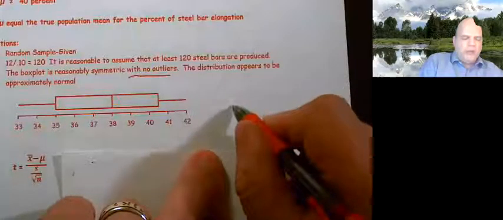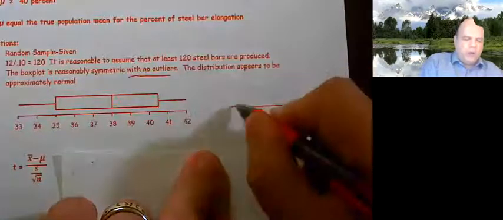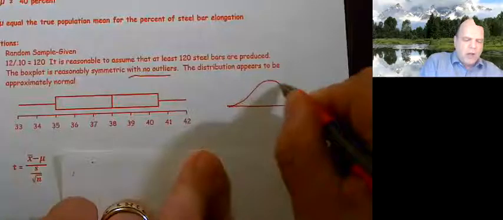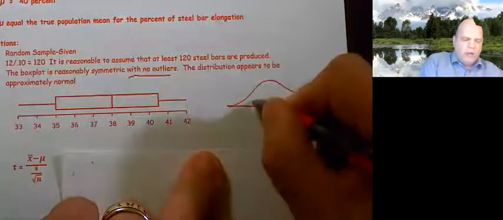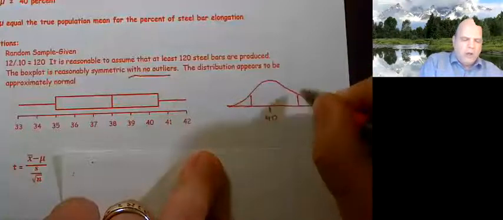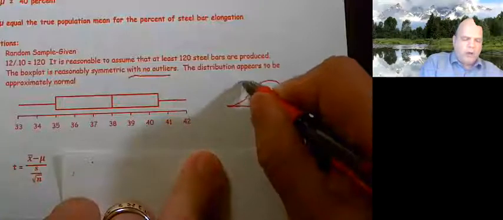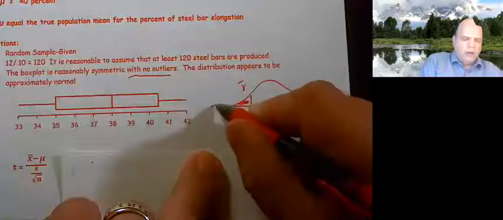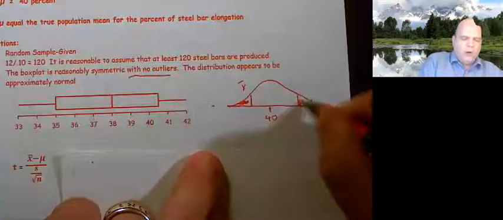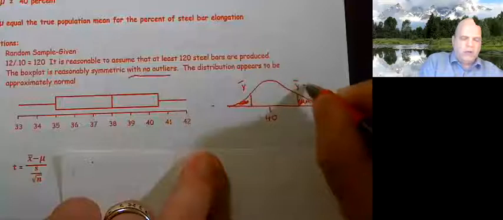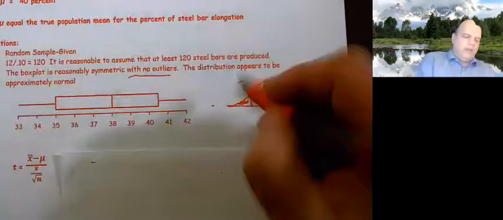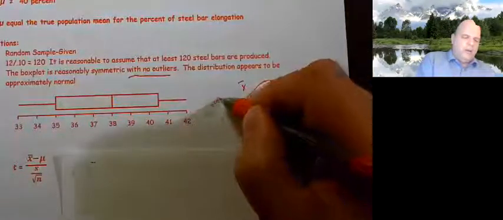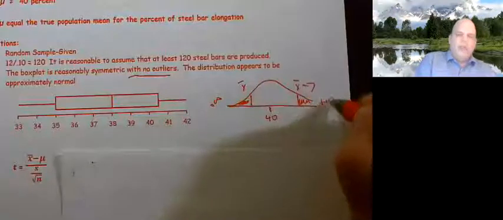I probably should take this moment to draw what we're talking about. So we have a claimed mean of 40, and what we're looking for is an x bar that's too far to the left or an x bar that's too far to the right. Anything in this area, we're going to reject, or anything in this area, reject.